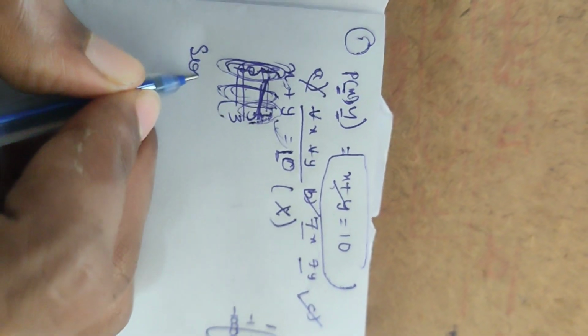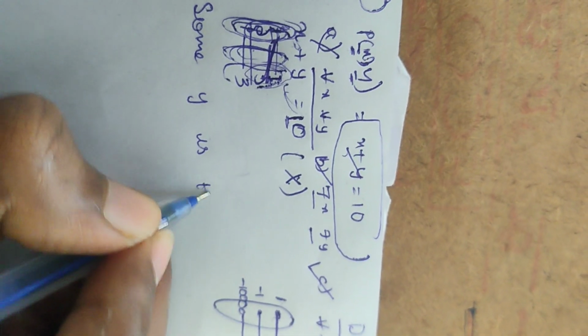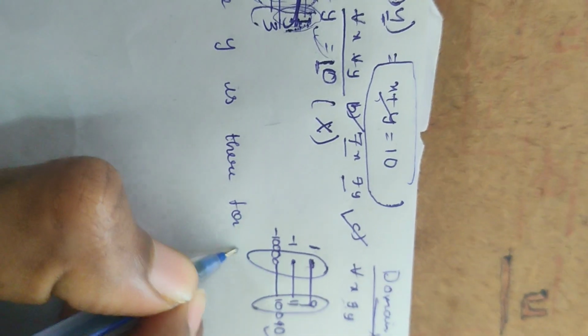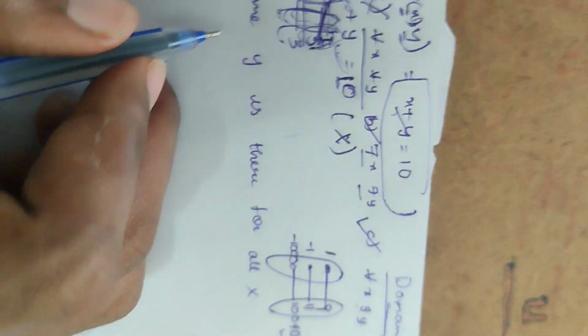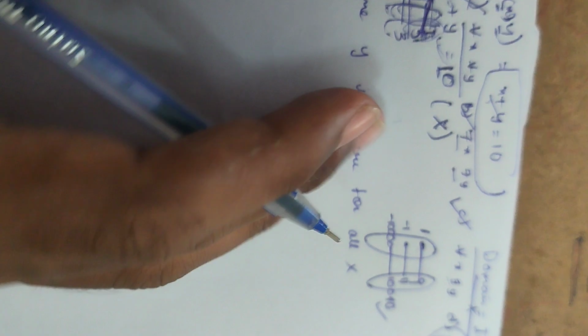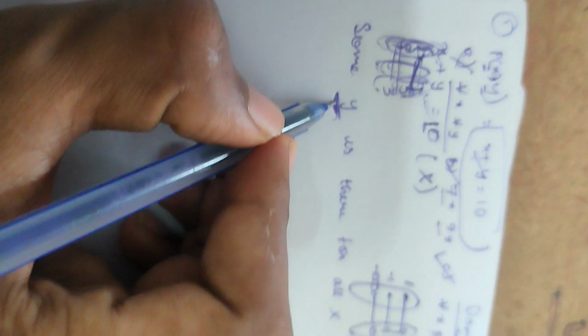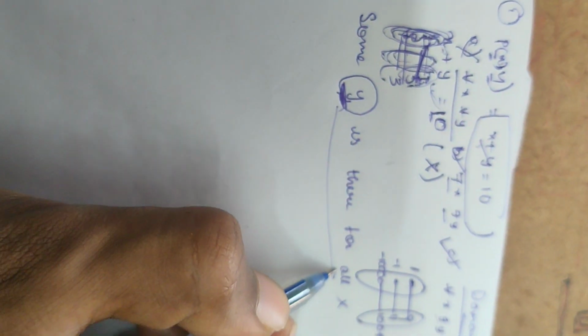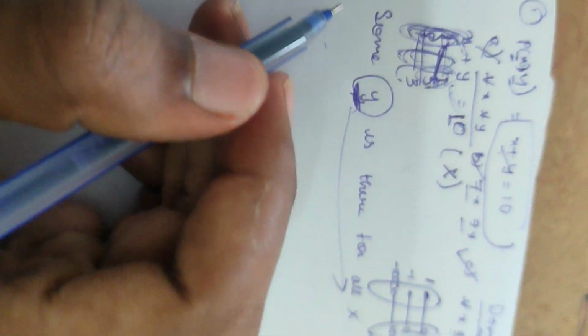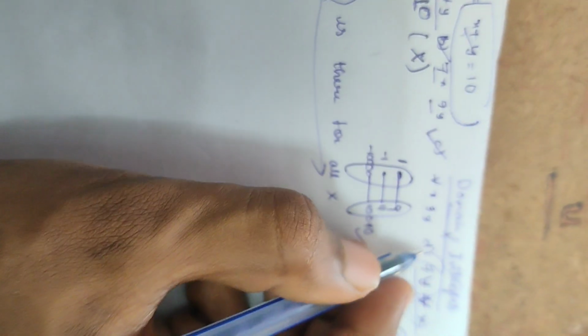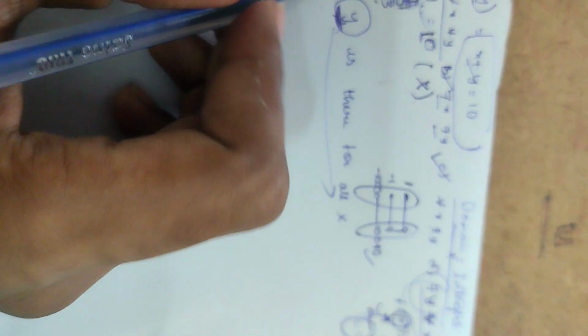Means C. Yes. Y is constant. Okay. Y is constant for all x. That's only the meaning. There exists a y. There is one y for every x. Okay.